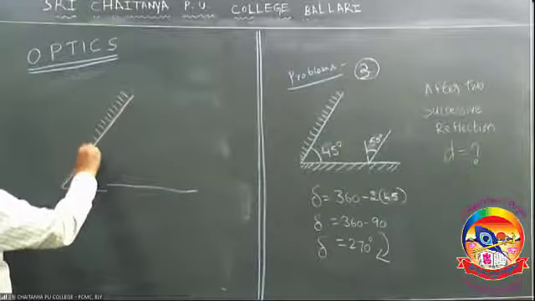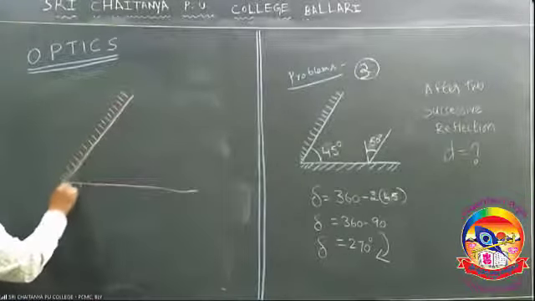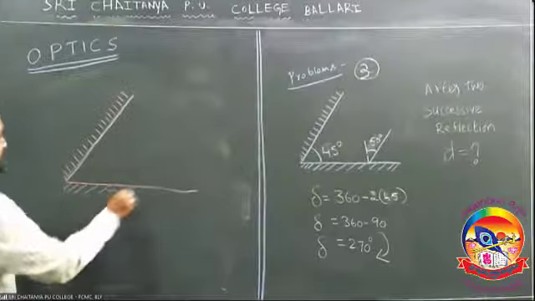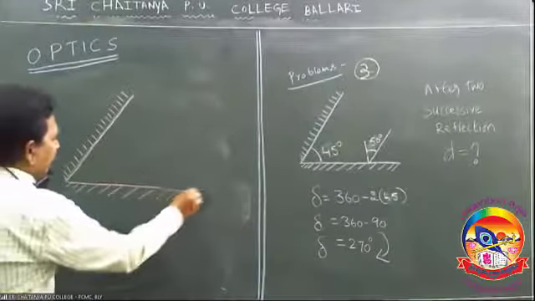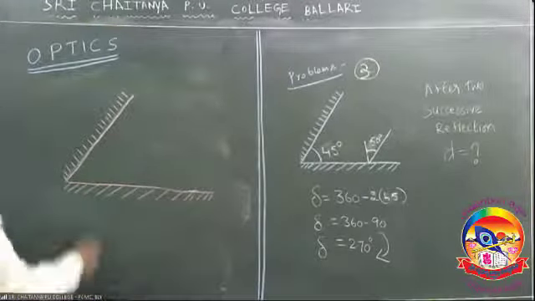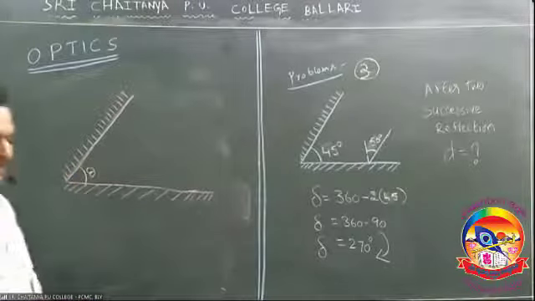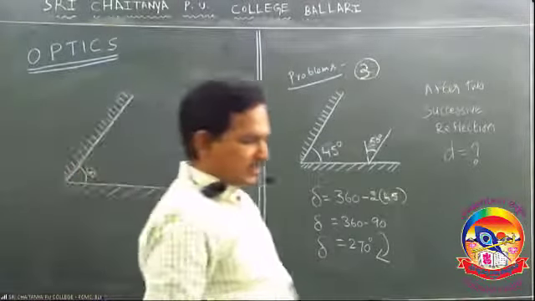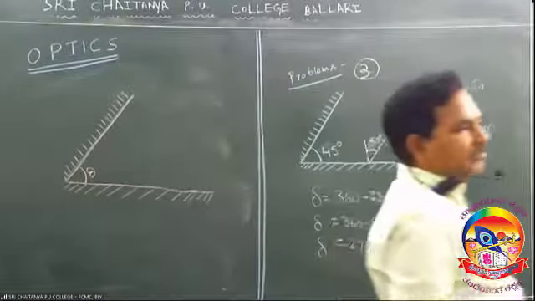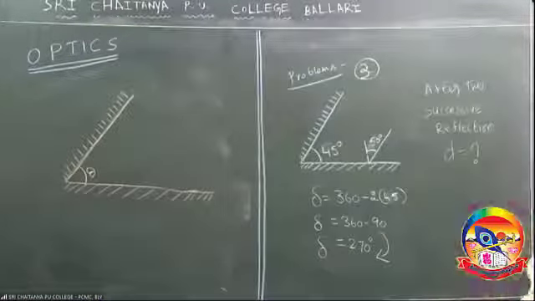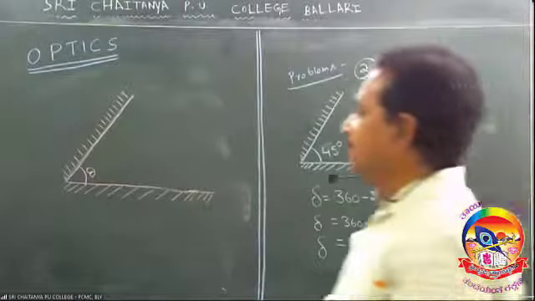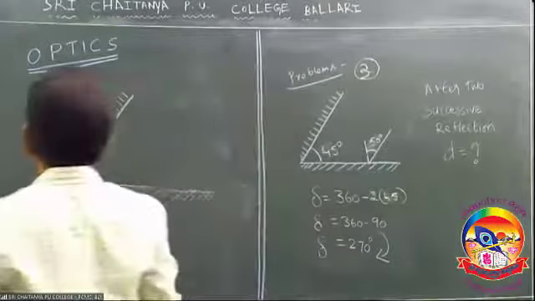After the completion of the diagram, we cannot understand. Two mirrors, the angle between the two mirrors is theta.